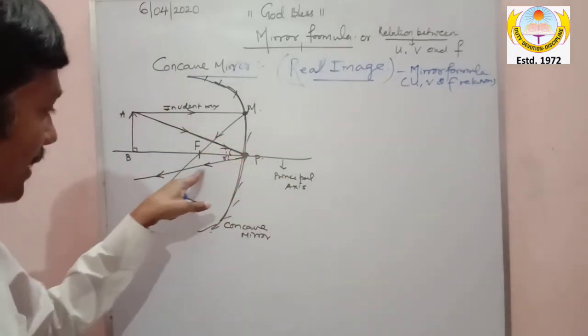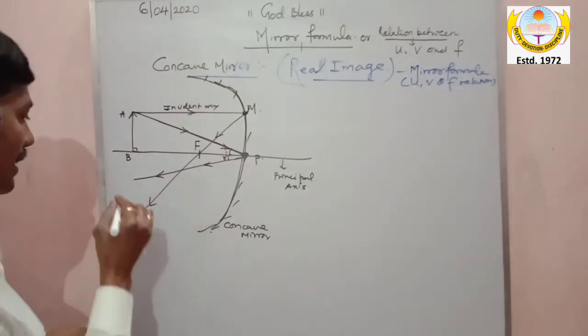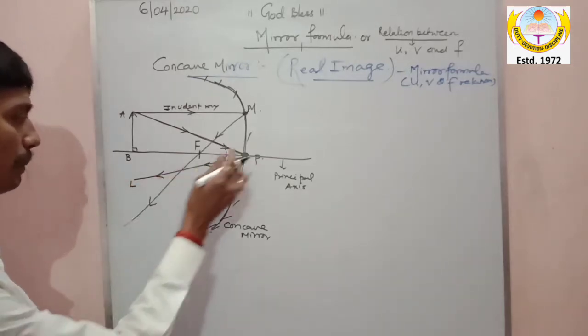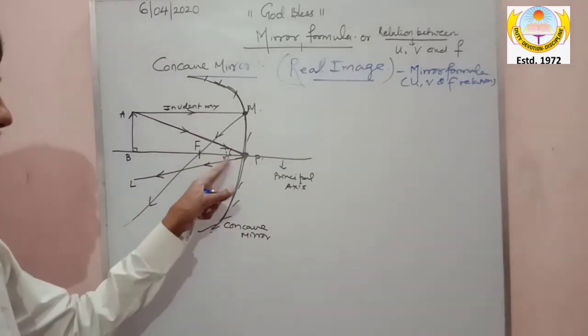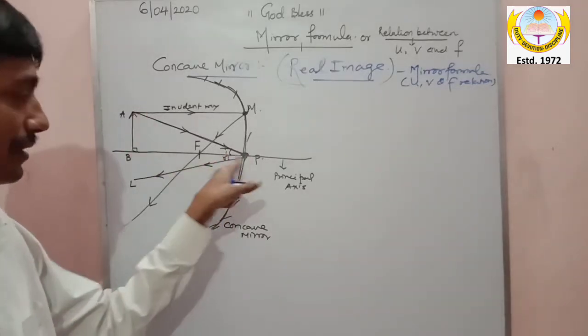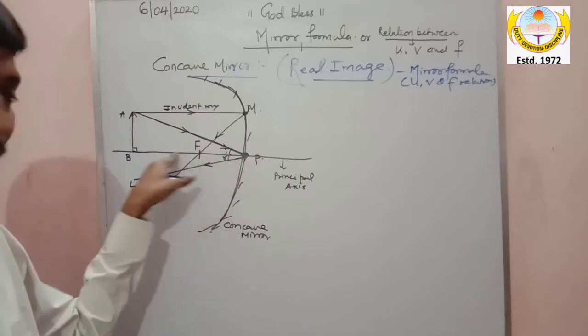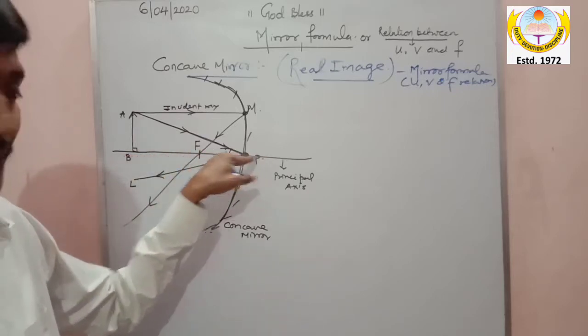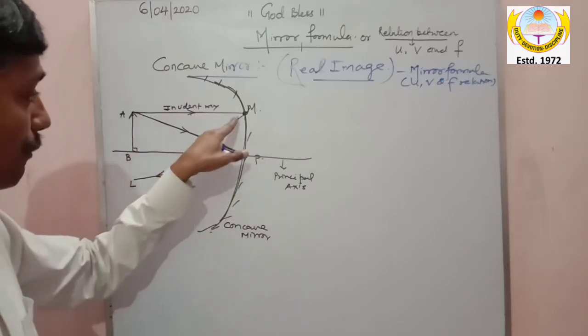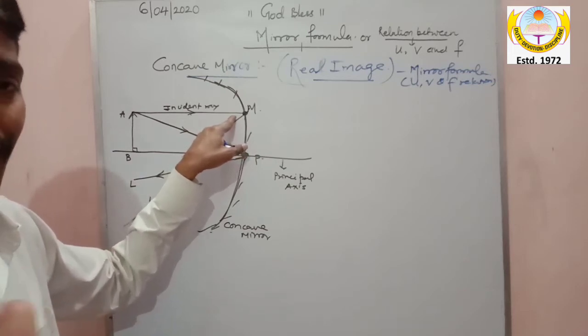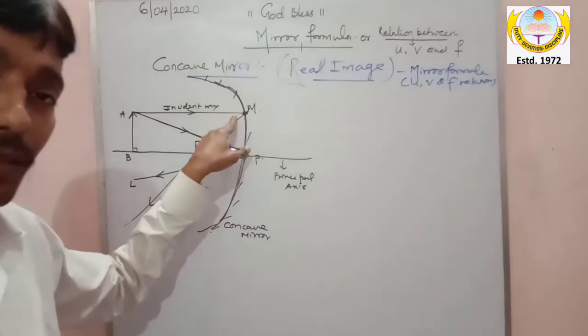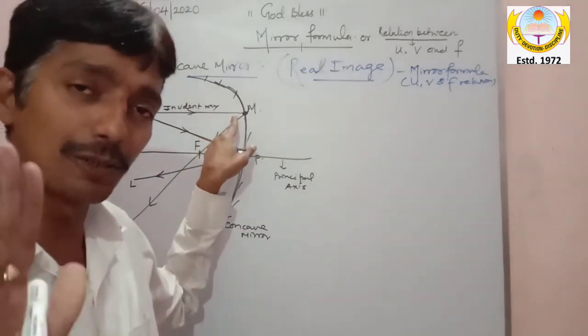It will reflect this way, and here I can put the name, if you wish, along PL. PL, right? And angle I, angle R is the value, and this is the normal. Here I have drawn the normal, the principal axis is the normal, because I have to measure angle I and angle R. Angle I and angle R should be mentioned.